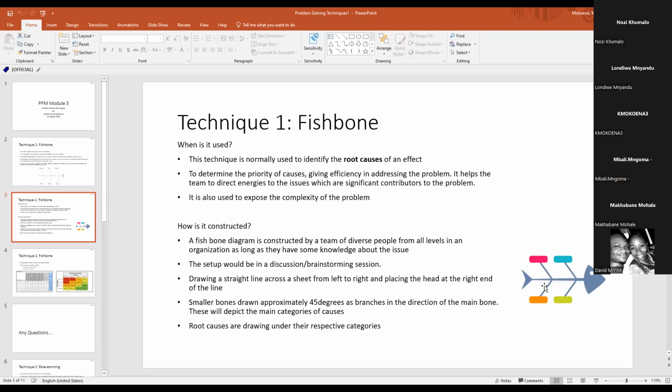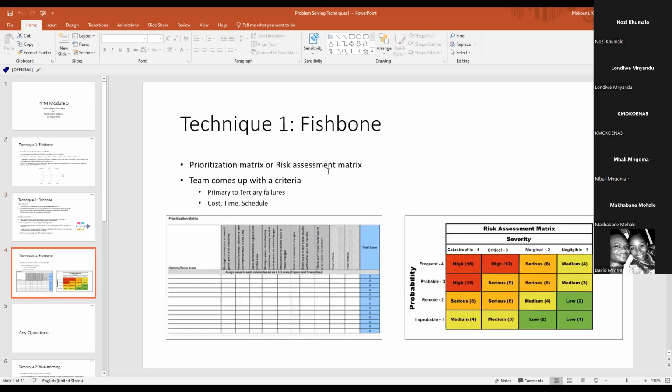And then the root causes would branch out from the main causes under their different categories. And then lastly, after listing out all those root causes, you can use a prioritization matrix or risk assessment matrix to rate the causes, so that you focus on the ones which are significant or have a high risk rating.